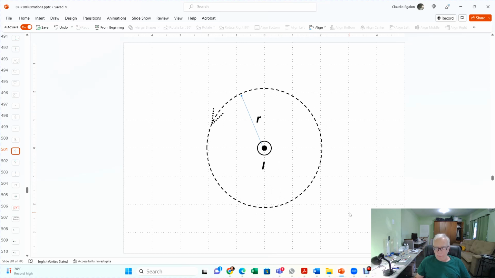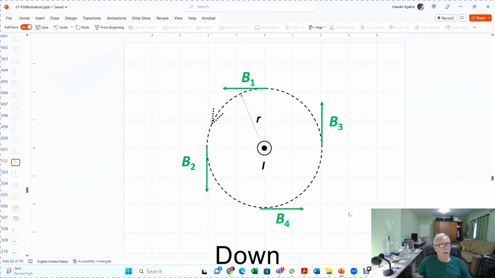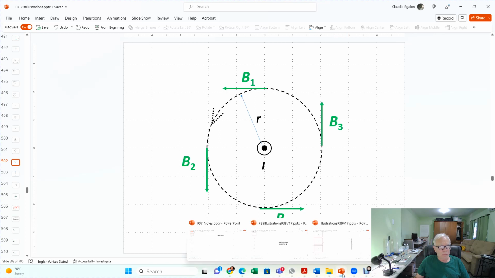In the next step that you already saw, we have these magnetic fields circulating around the source. Because the distance from the current is the same, the magnitude of the B1 field is going to be the same as the magnitude of B2, B3, and B4. Okay? So keep that in mind.